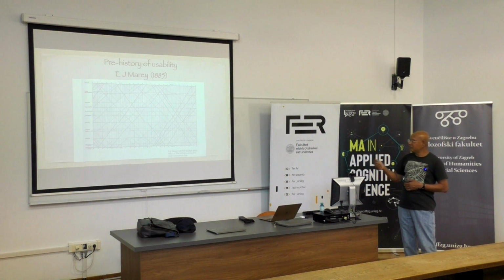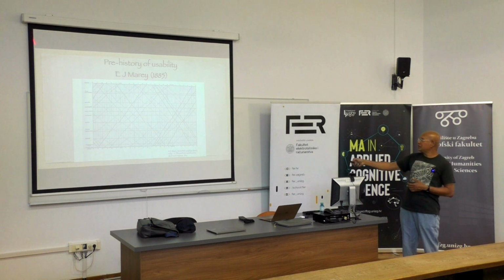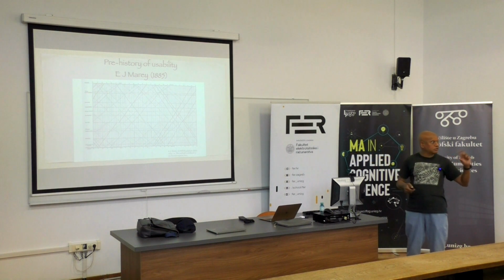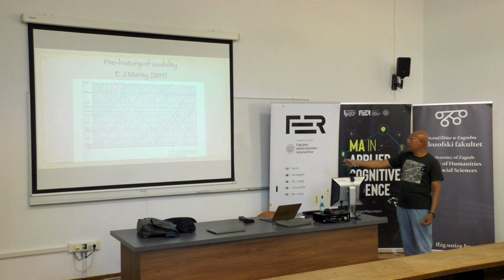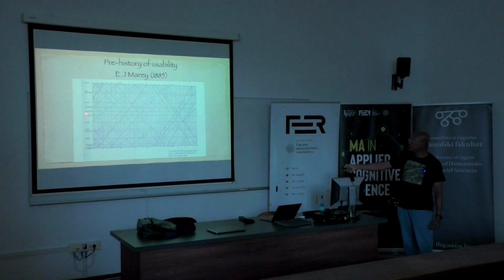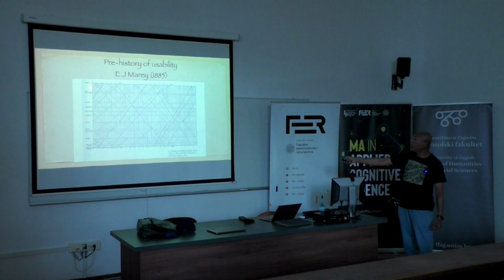The interesting thing is that this axis is time and this is distance, so the distance between the stations is proportional to the actual distance between them. The lines show trains going from Paris to Lyon, and these show trains going in the opposite direction.